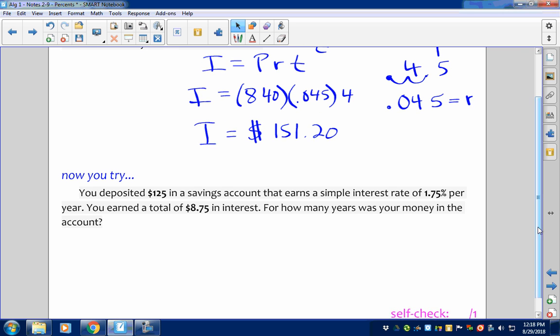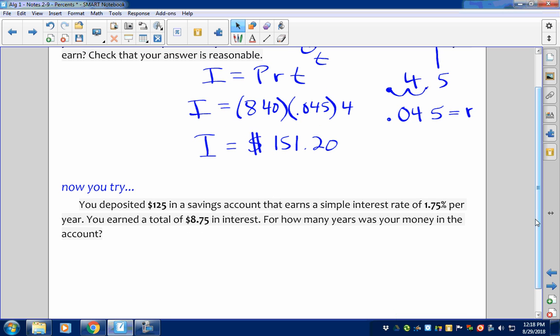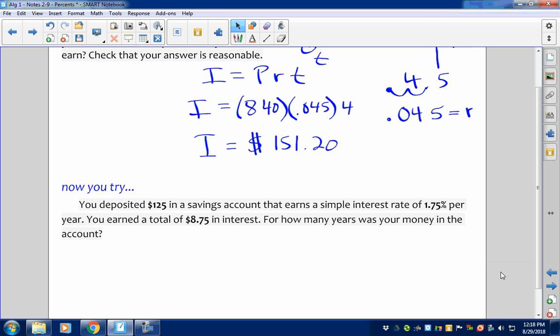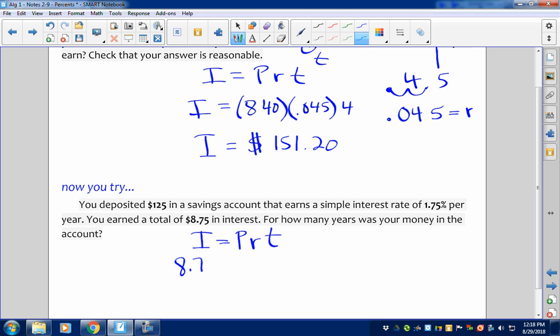So why don't you try this one right here. The only trick here is getting the correct rate on that 1.75%. But see if you can do this next one here. So yeah, this one is a little different. Maybe I'll write it down here. We are solving for t. Right? So we've got an I, you earned an interest of $875. Your principal was $125.